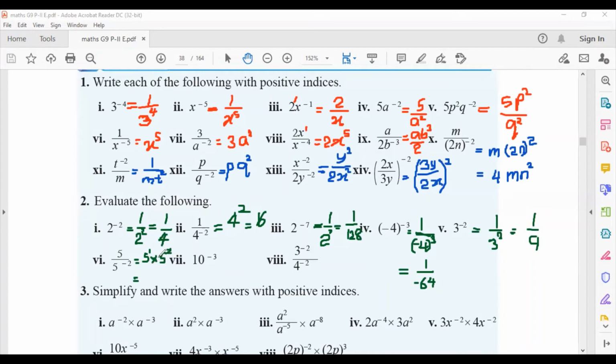When multiplying same bases, according to the laws of indices, these indices should be added. Then it should be 5 to the power 1 plus 2, which is 3. 5 to the power 3 is 5 times 5 times 5. 5 times 5, 25. 25 times 5, 125.